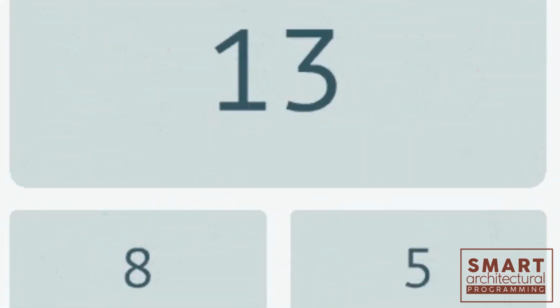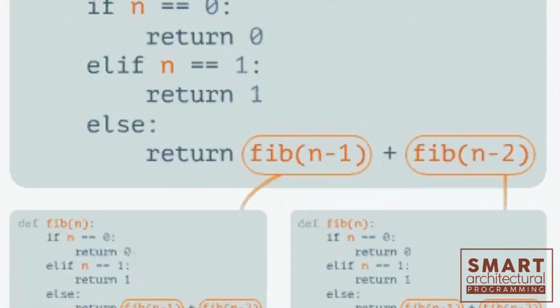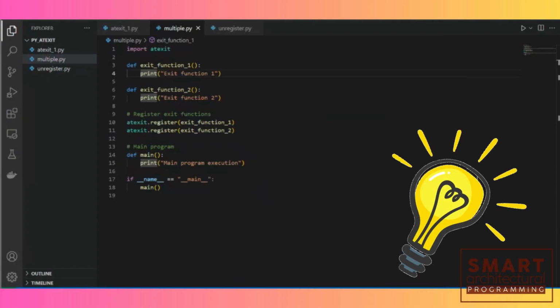If we unpack that statement a little bit, the last function registered will be the first one to be executed when the program exits. Again, the last function that is registered is the first function that is executed. And this is a very, very integral concept to understand when dealing with exit functions.